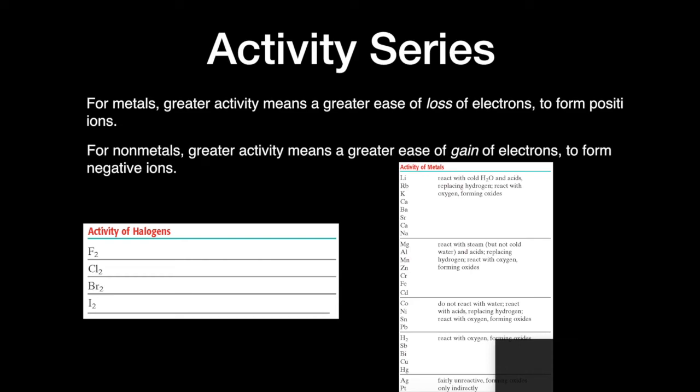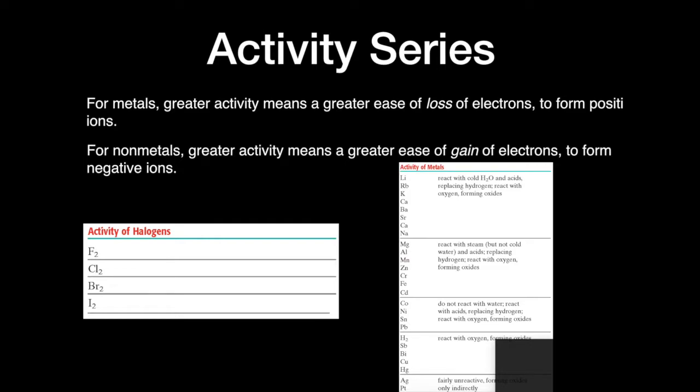For metals, greater activity means a greater ease of loss of electrons to form positive ions. And for nonmetals, greater activity means a greater ease of gain of electrons to form negative ions.